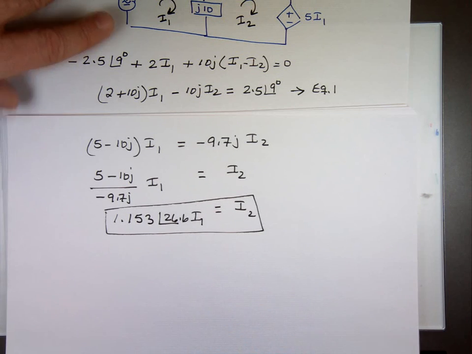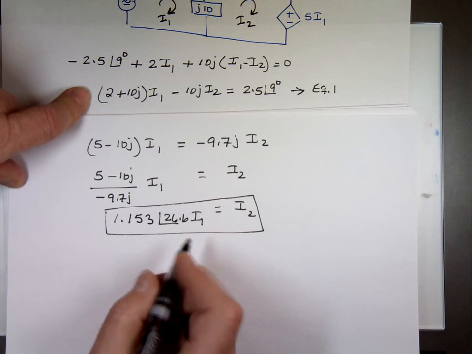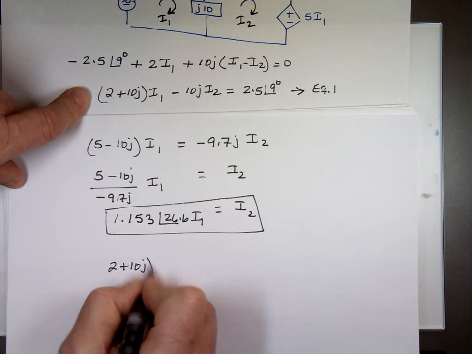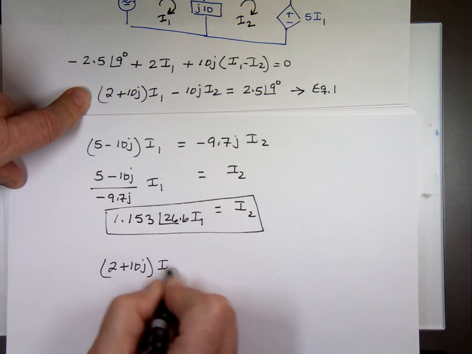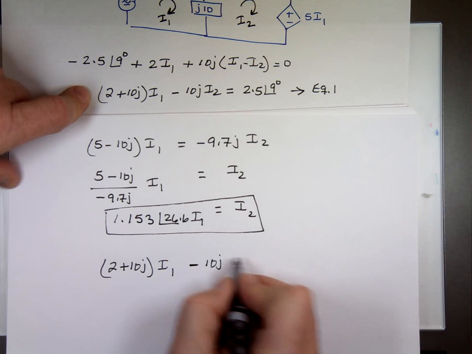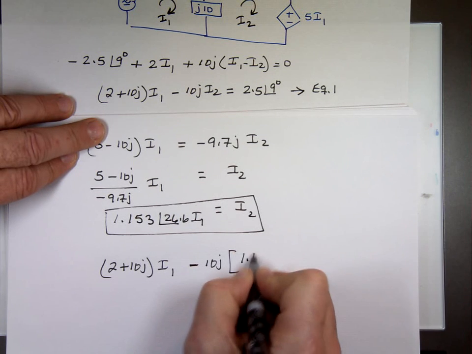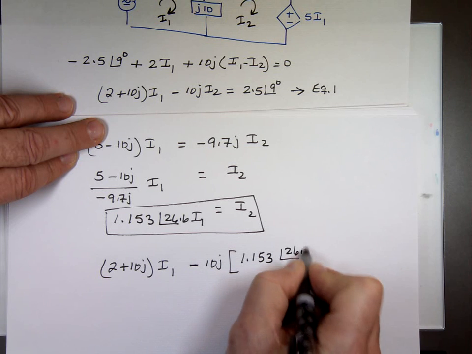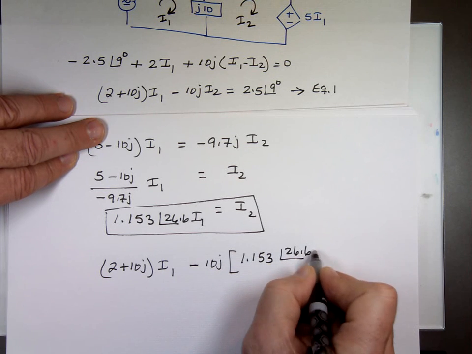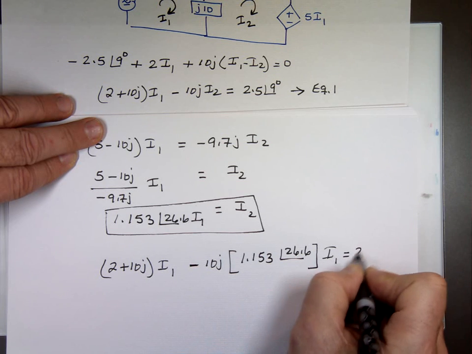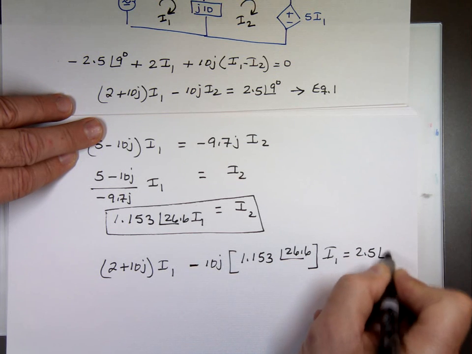Now go to equation 1. Minus 10j times I sub 2, and I sub 2 is equal to 1.153 angle 26.6. I sub 1 is equal to 2.5 angle 9 degrees.